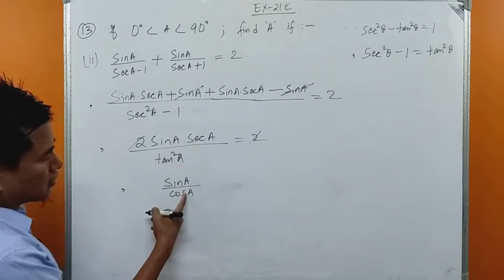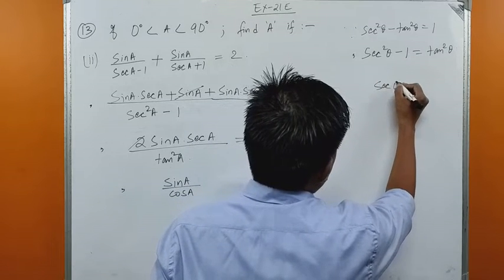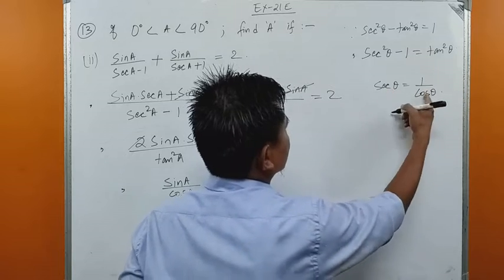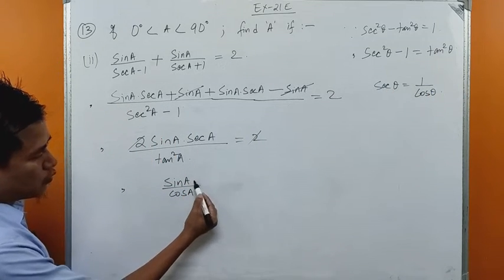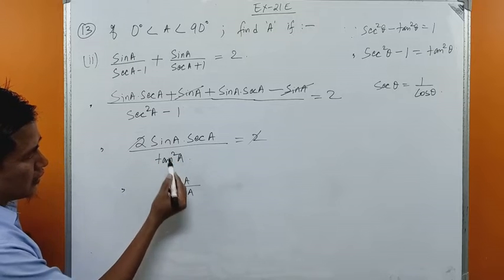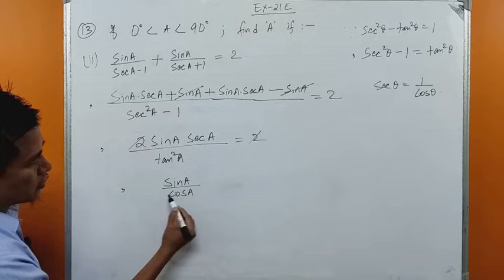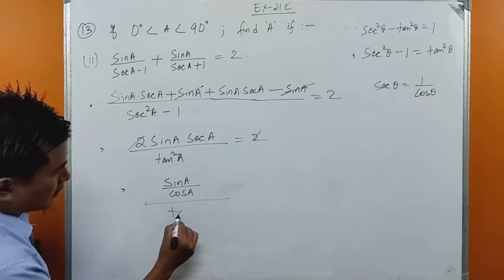Sec theta equals 1 by cos theta, sec theta and cos theta are reciprocal of each other, so sec A can be written as 1 by cos A. So cos A goes to the denominator, and this is tan square A.